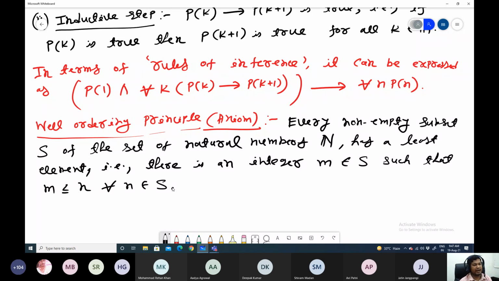That means if you take any other element from S, then that element should be bigger than or equal to m. So this is the definition of least element. Least element and infimum are different.